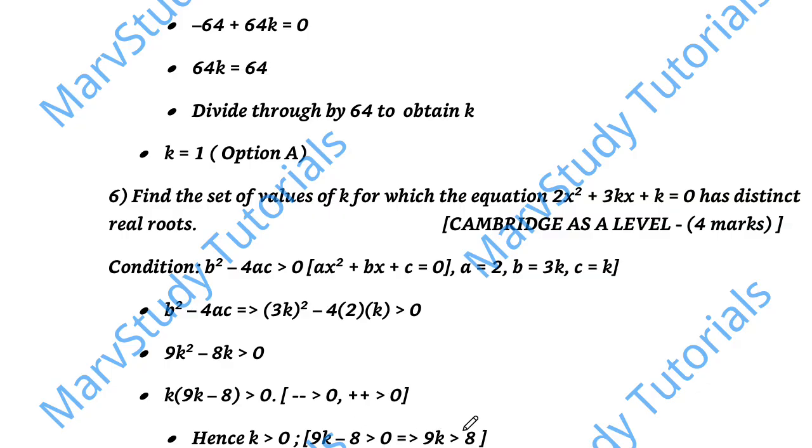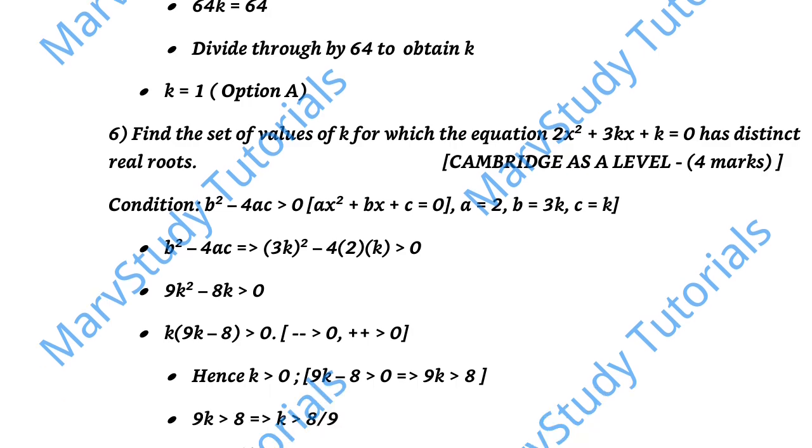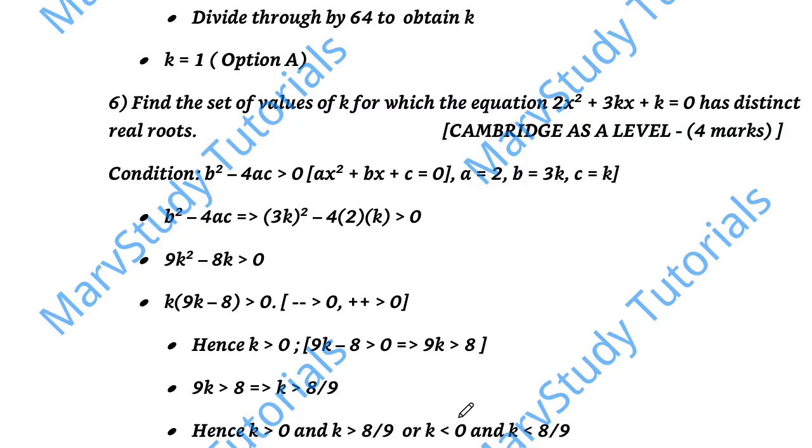If we have 9k greater than 8, we divide through by 9, then we have k greater than 8 over 9. And then when we take the next case of negative negative, that is going to give us k less than 0 and k less than 8 over 9.